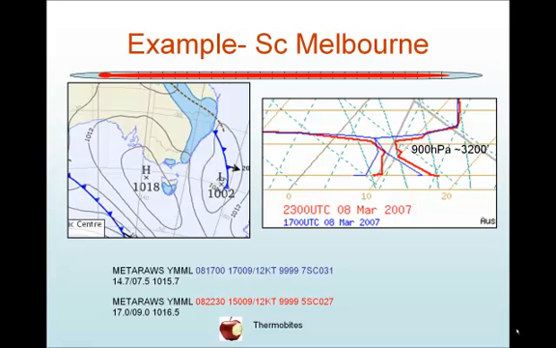Let's look at some examples of stratocumulus environments. On the left we have a mean sea level pressure chart, and you can see over Melbourne that there's a broad southeast to southerly flow. On the right hand side there's the Sc log P for 23 UTC on the 8th and 17 UTC on the 8th.